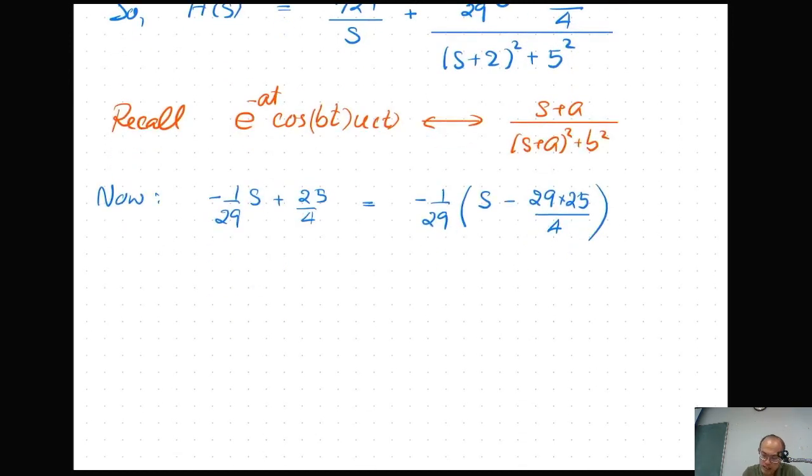So I can do further, to have s plus 2: I can plug in plus 2 there, but when I plug in plus 2, I have to minus 2 in the end, otherwise they would not be equal. So I have minus 25 times 29 over 4, and minus 2.